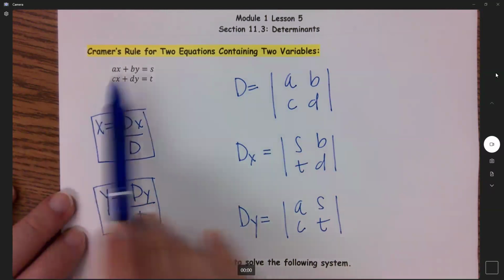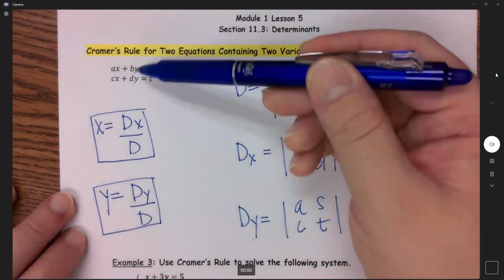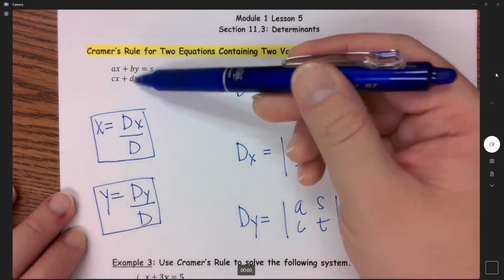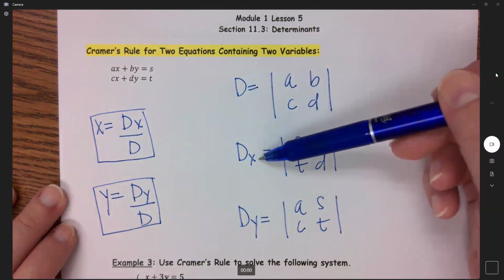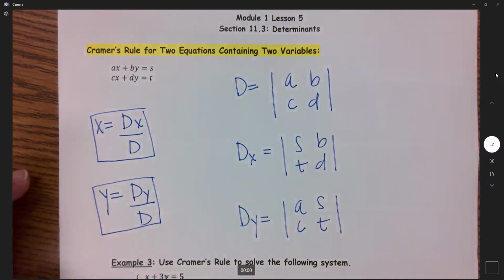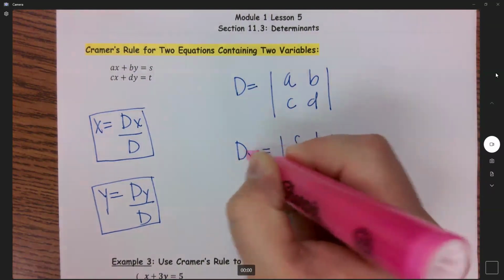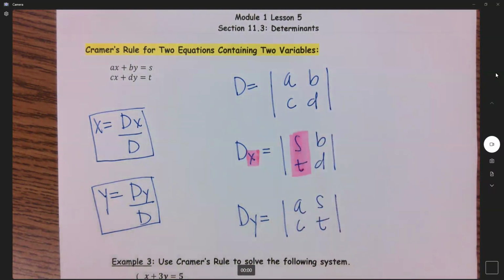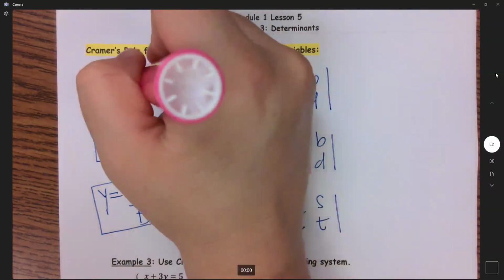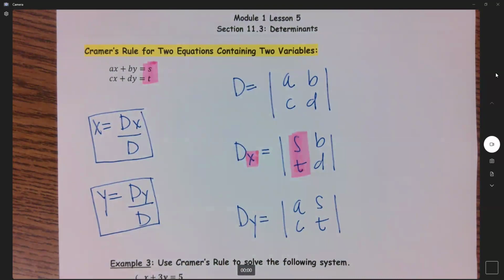D is the 2x2 determinant of your coefficients of your x and your y. So you can see you have AC is your first column, BD is your second column. Then when you come over here to D sub x, because this is D sub x, you are going to replace this x column with what this equation equals.